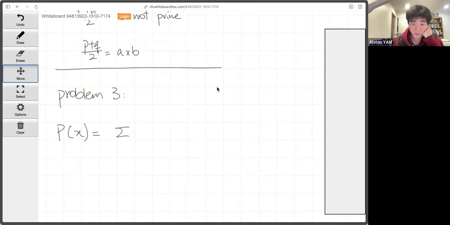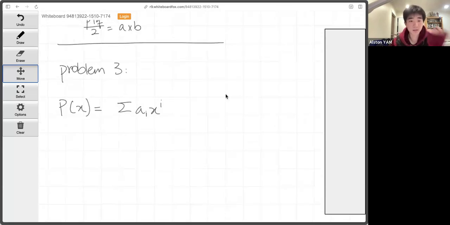That will be equal to the sum of a coefficient times x to some power. That is basically our definition of a polynomial: you've got x raised to a power times a coefficient, and we add them together.